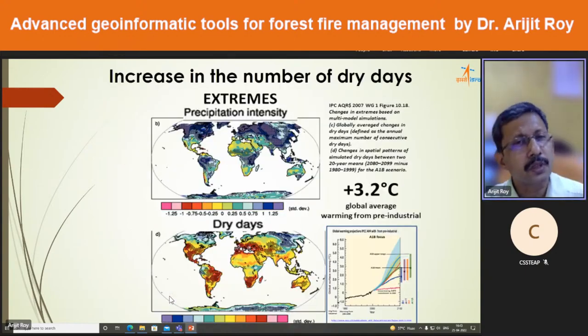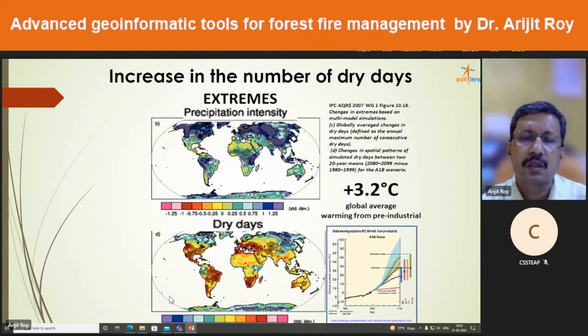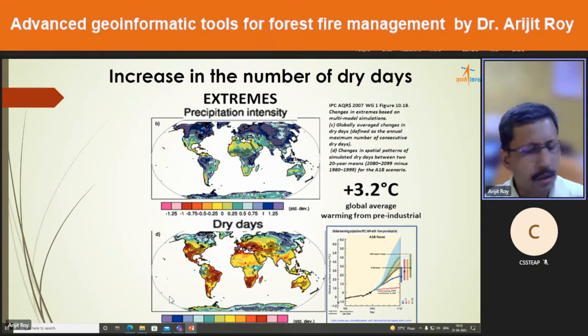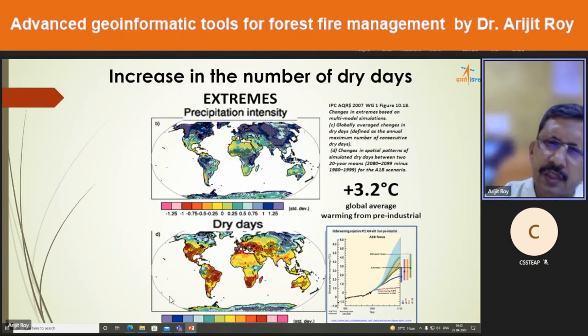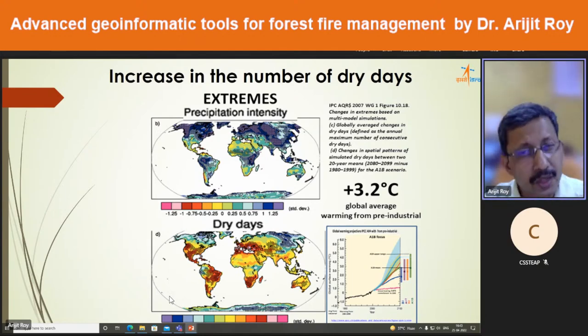And to couple that, the number of dry days is also increasing. Although precipitation may not be changing much, the extreme rainfall events are increasing. So even if the total precipitation is there, it is concentrated in a few days.